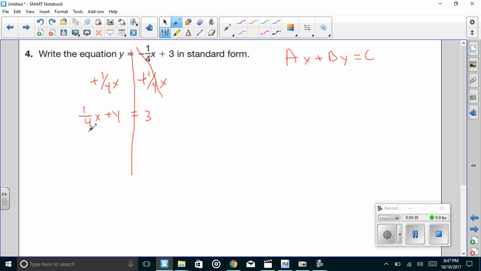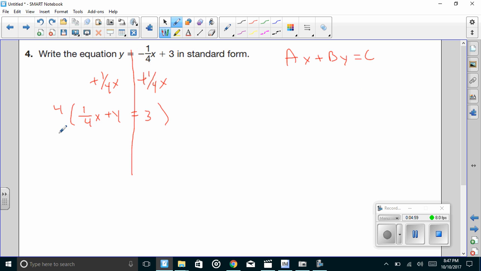But we want to avoid the fractions if we can help it here in standard form. So what we want to do is multiply by 4 all the way across. And once we do that, it'll look more like standard form here.